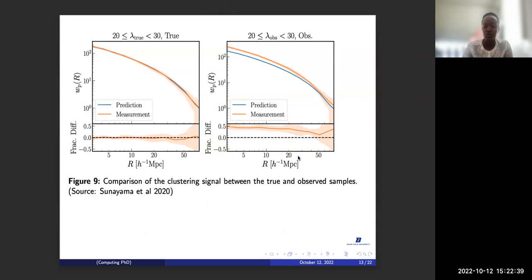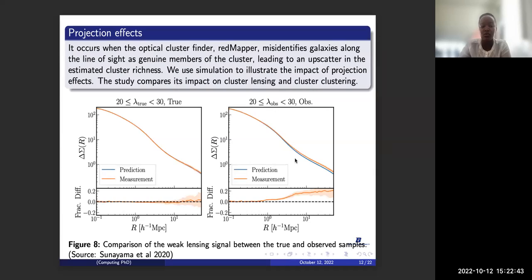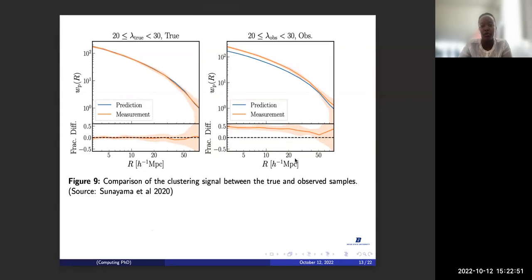The first observation was just on the weak lensing, trying to see if the projection effect affects the weak lensing signal. The other property that the paper was trying to look at was whether the projection effect is present in the clustering signal. And in this case, you see a similar observation.